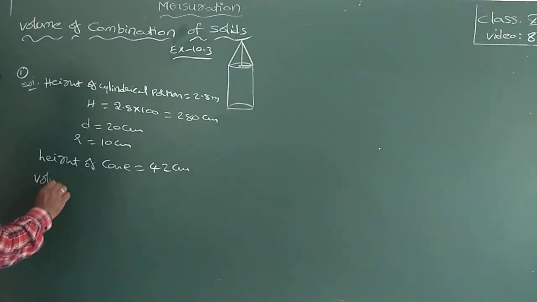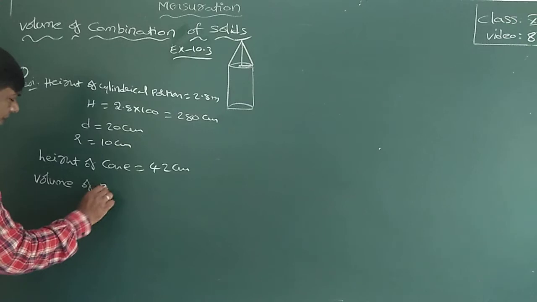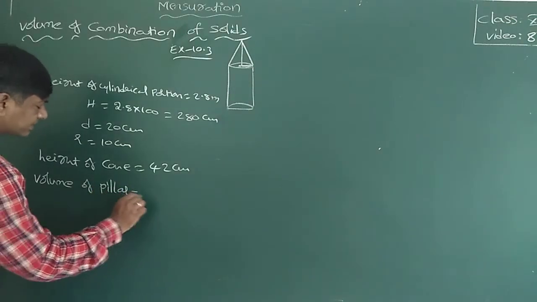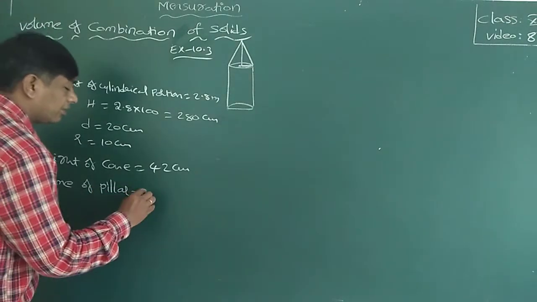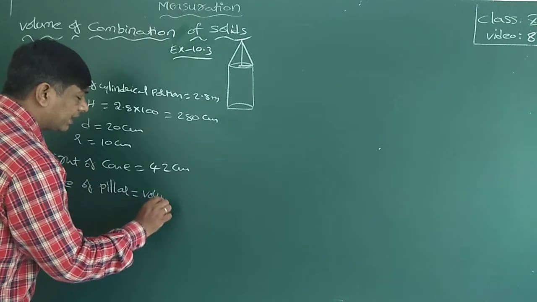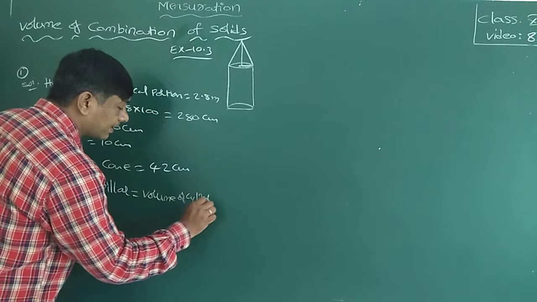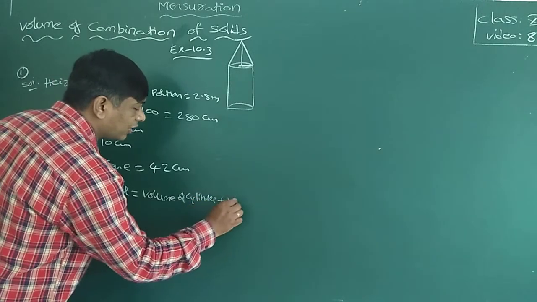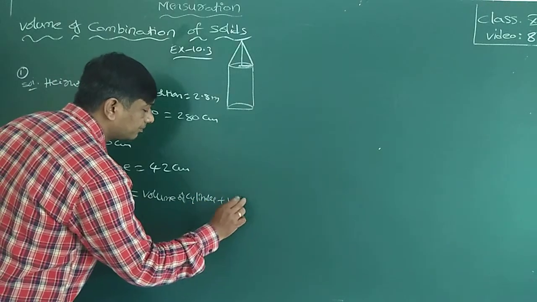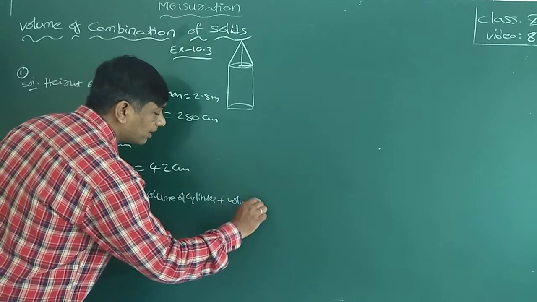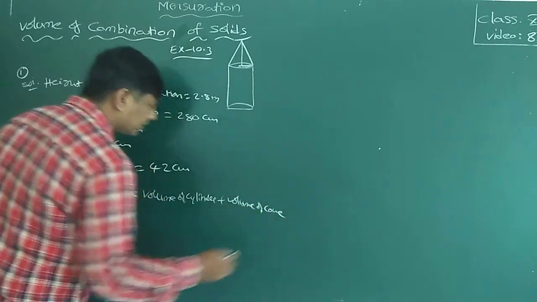Volume of pillar is equal to volume of a cylinder plus volume of a cone.